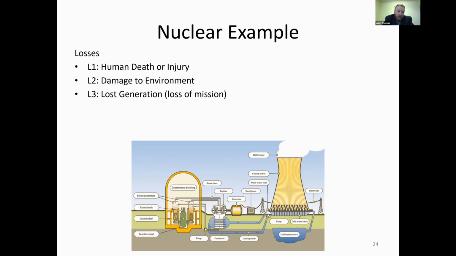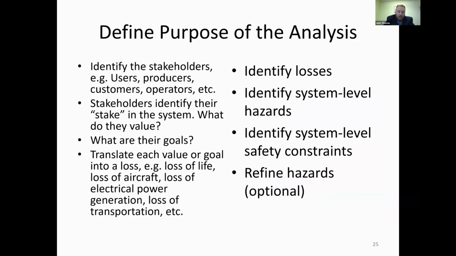So we can identify scenarios that are going to lead to these losses, and especially scenarios that may present conflicts between these losses, where we're going to cause one or the other, and we want to make sure we're not doing the wrong thing. There's more to this step. I'll direct you at the end to the STPA handbook to learn more. But for the purpose of this short webinar, let's move on.